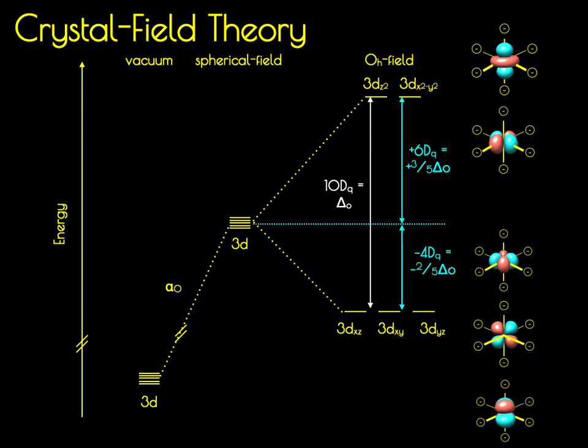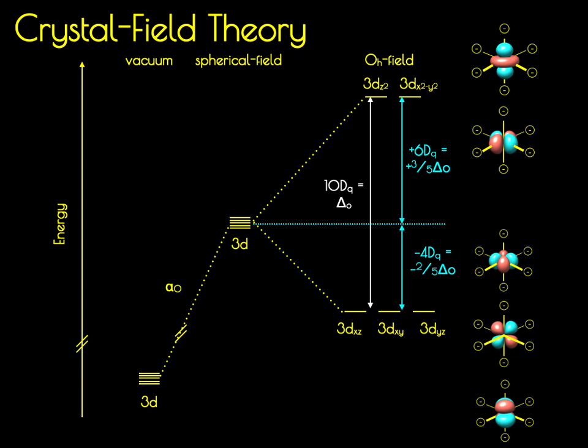So if we generate a barycenter, what we find is that the dz squared and the dx squared minus y squared are destabilized by 6dq, or 3/5 delta O, while the dxz, the dyz, and the dxy are stabilized by 4dq, or minus 2/5 delta O. This stabilization and destabilization is done to conserve energy relative to the spherical field.